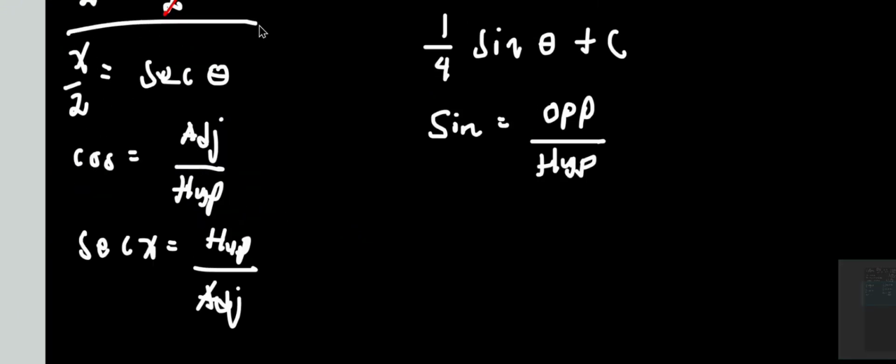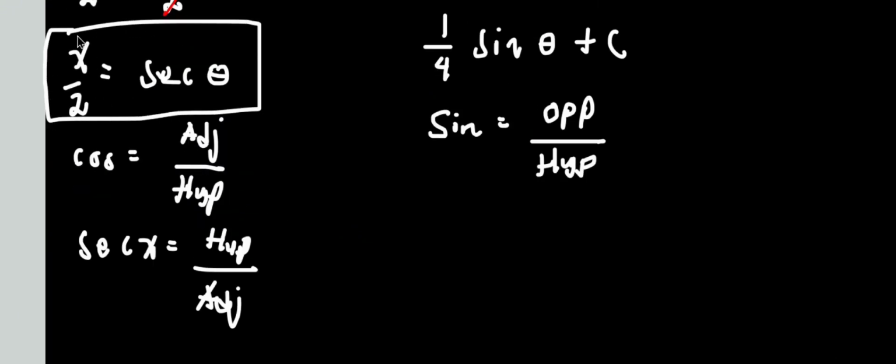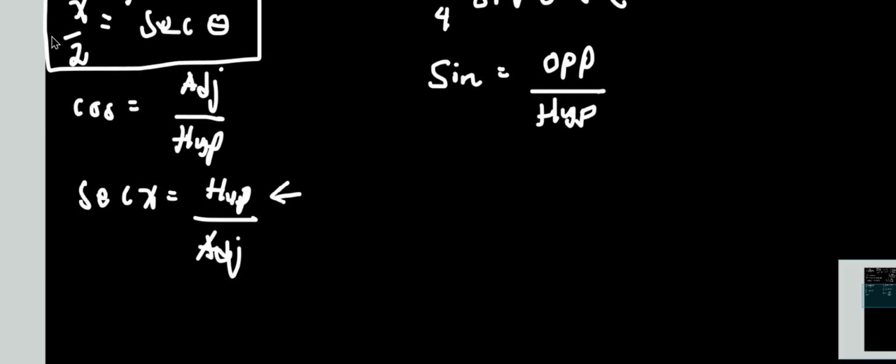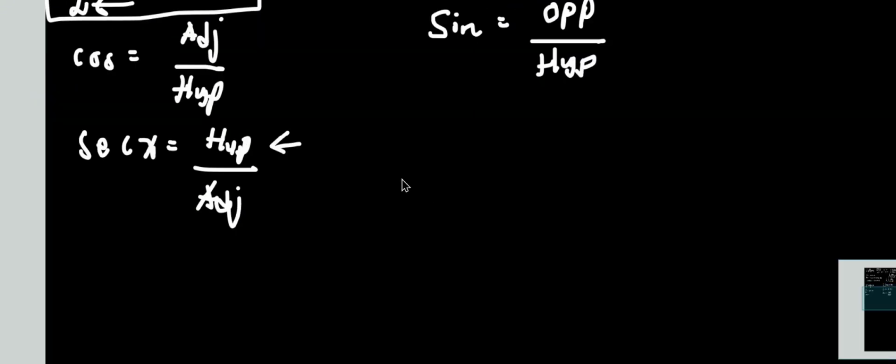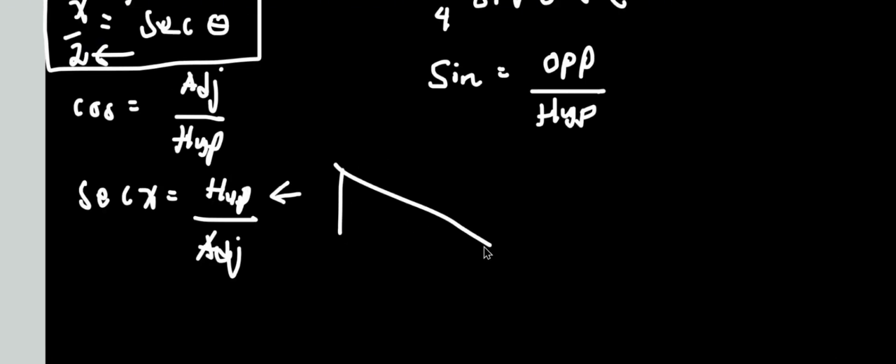So from here, basically yung x would be the hypotenuse. And the denominator would be the adjacent, which is 2. So dito tayo sa right triangle. Kailangan natin bumuo ng right triangle.